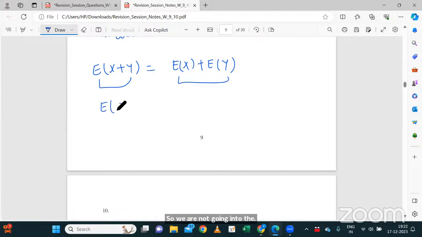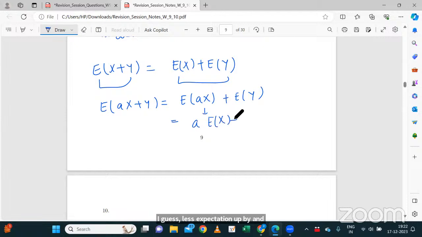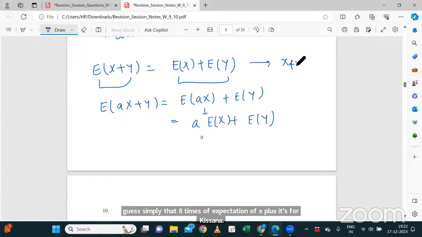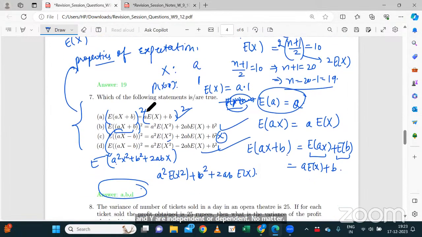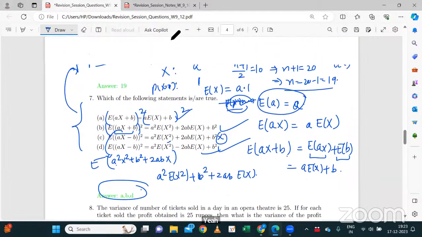Suppose I'm asking expectation of aX plus Y, then I can simply write a times expectation of X plus expectation of Y. Basically, it doesn't matter whether these two, X and Y, are independent or dependent. Clear?